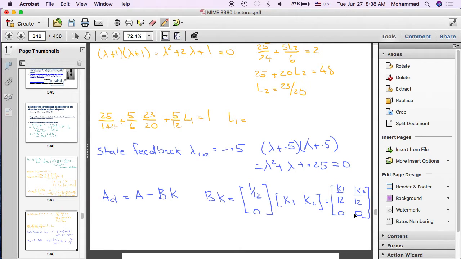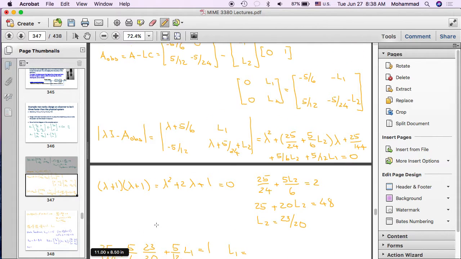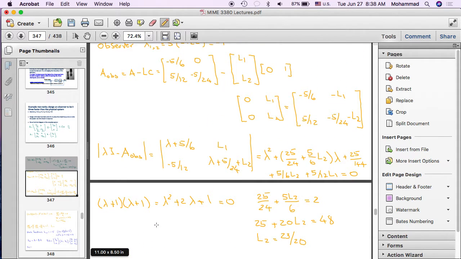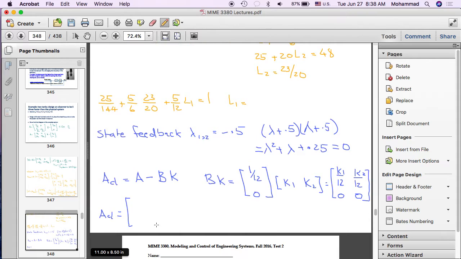We need to subtract this from the A matrix to get the closed loop. So the actual A matrix is minus 5 over 6, 0.